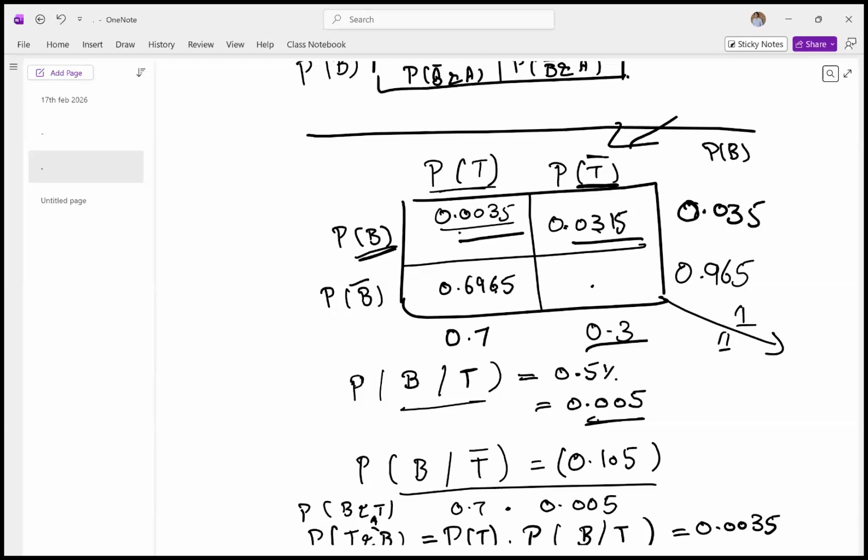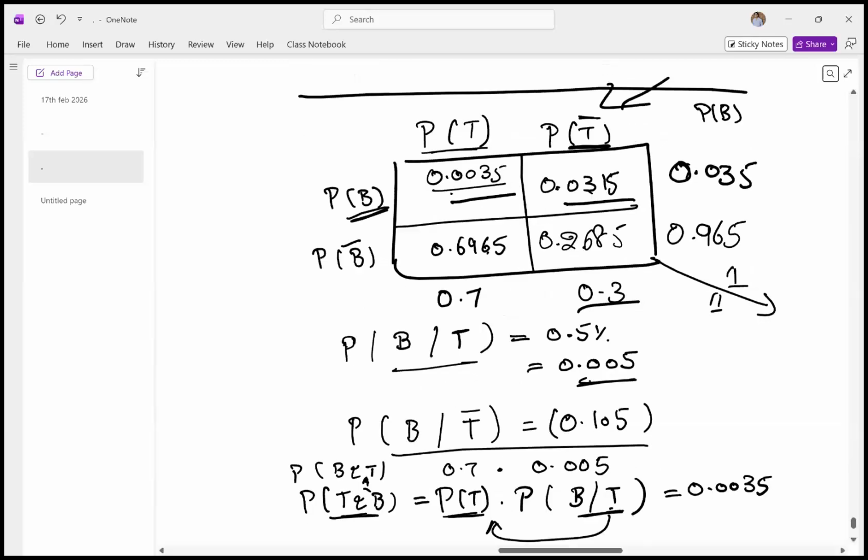Then 0.965 minus 0.6965 is 0.2685. So we got all our values.